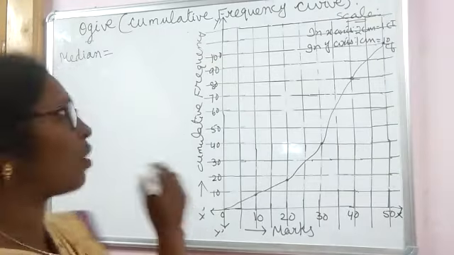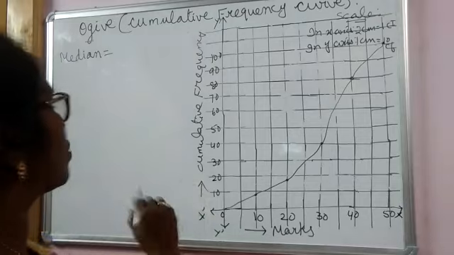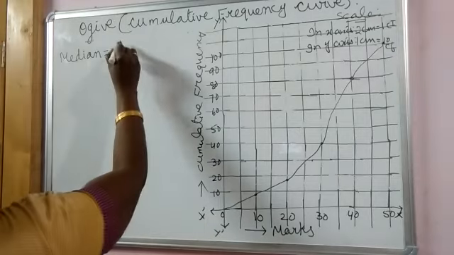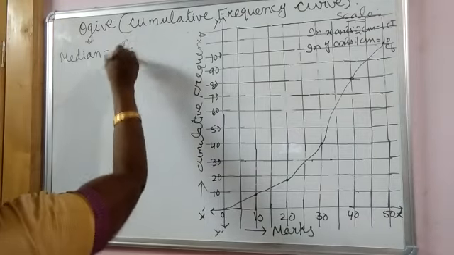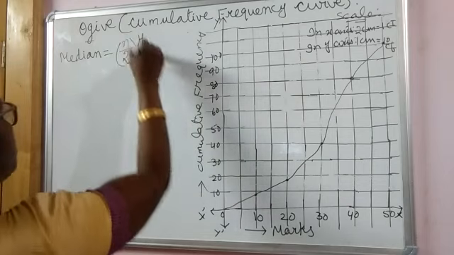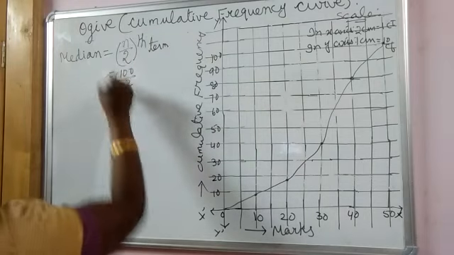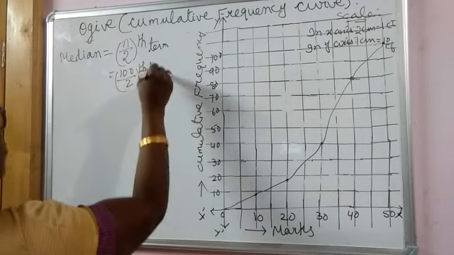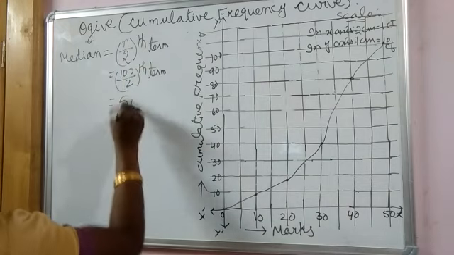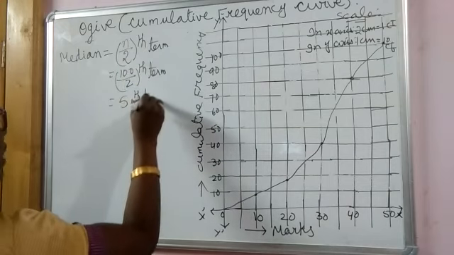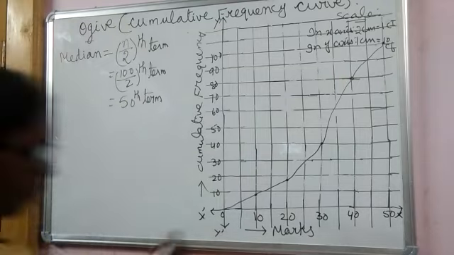Here n is 100, we have already seen. The number of students is 100. So the n by 2th term is 100 by 2, that is the 50th term. And what is the 50th term? Let us find it from the graph.